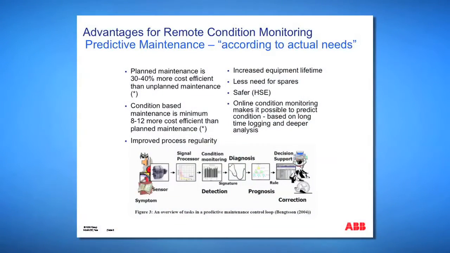Here is just a quick example and some savings that you can see, which is very typical for remote operations. A lot of studies say that planned maintenance is some 30 to 40% more cost efficient than unplanned maintenance. So if you can move your maintenance from unplanned to planned, you have a huge saving.